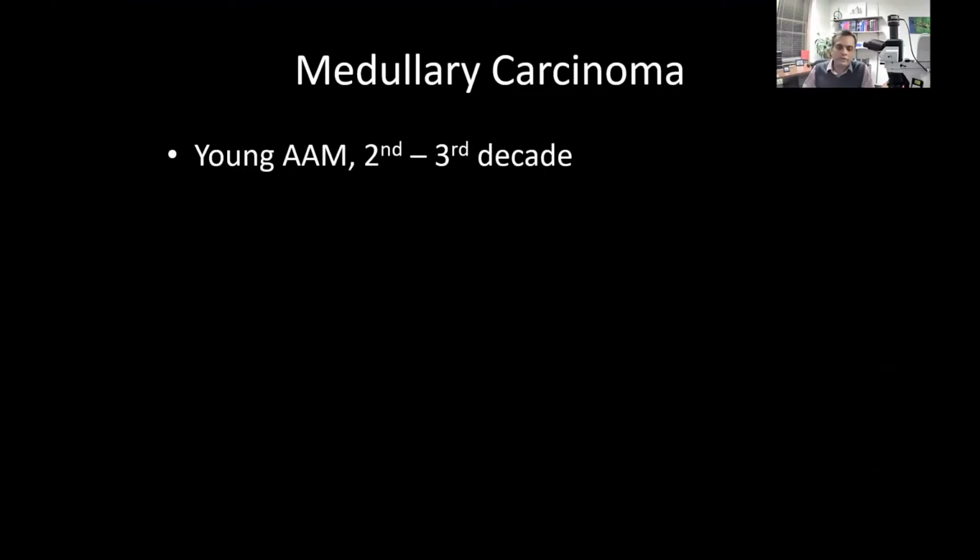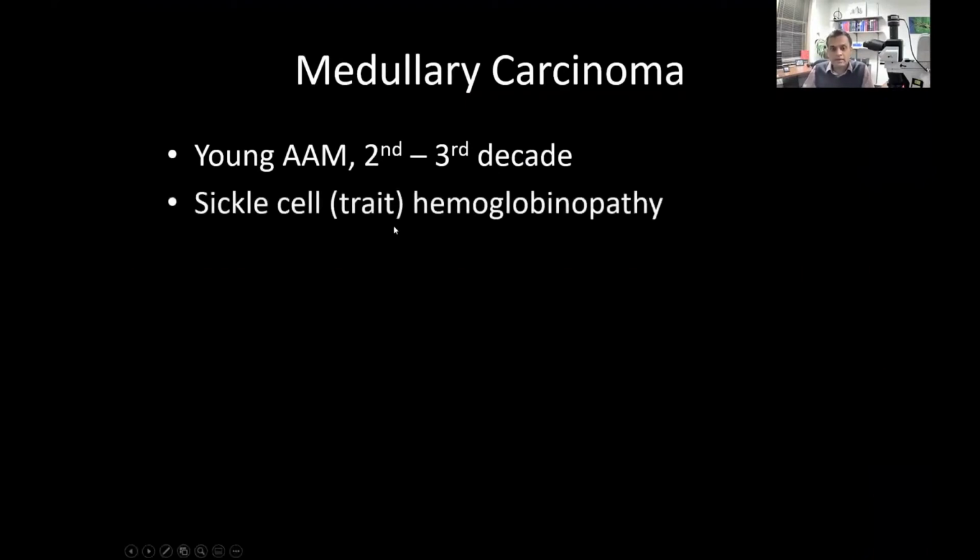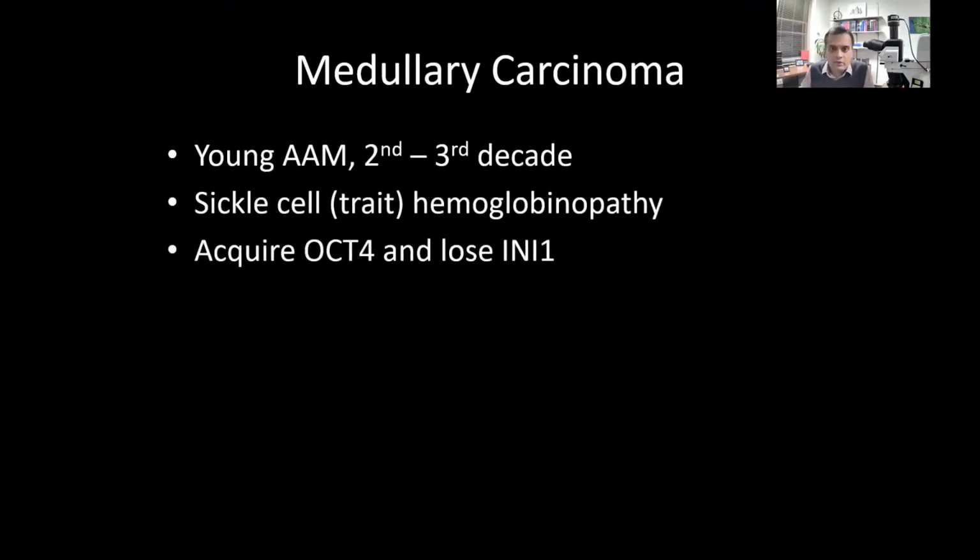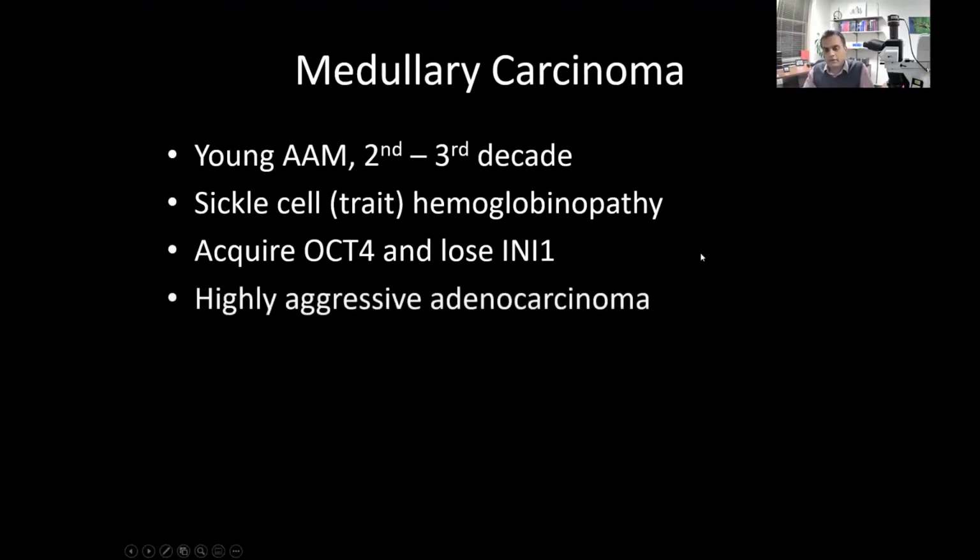This patient is very unusual, even though he was Afro-American male. This was an older patient, but we did find out that this patient had sickle cell trait diagnosed at a younger age. And as we know, medullary carcinoma acquire OCT4 immunostain and they lose INI1. So this is a case of medullary carcinoma, which is a highly aggressive carcinoma of the kidney.